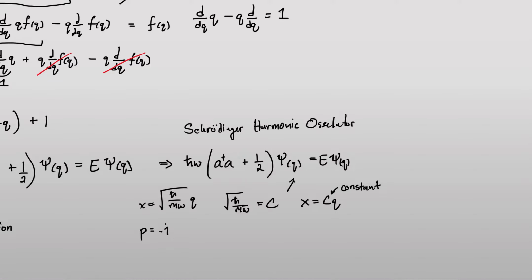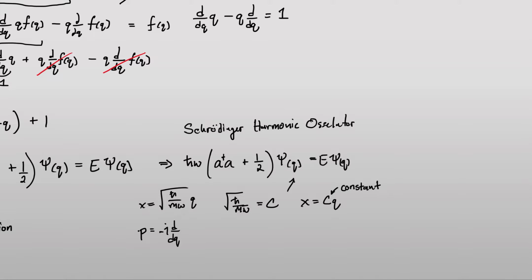If we define this p as i d/dq, what we've done is taken this spatial coordinate q, and we can take the derivative of some arbitrary function with respect to this canonical variable.